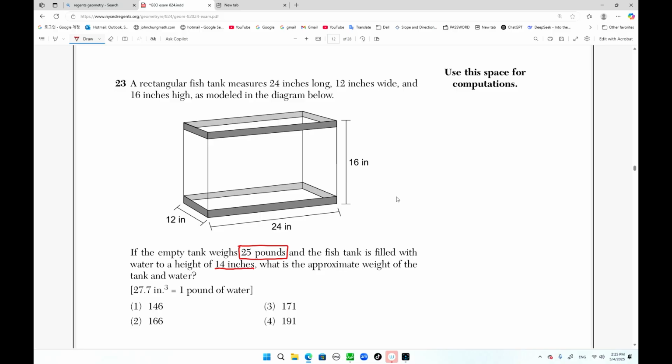So now let's find the volume first. About the volume, 12 inches times 24, the base, and times 14. Okay, but this is the volume of the water. But we're going to find what? Its weight, right? So this is in cubic inches, right? So we can multiply by its converting ratio, right? 27.7 cubic inches equals how much? 1 pound.